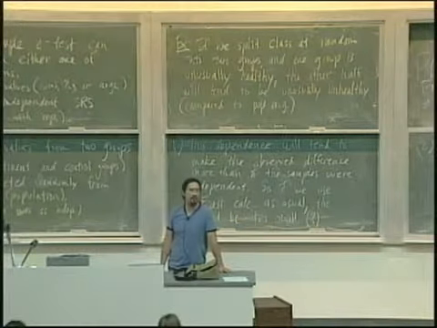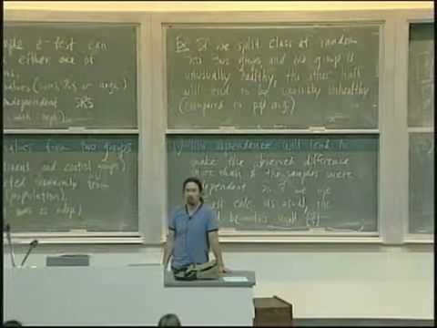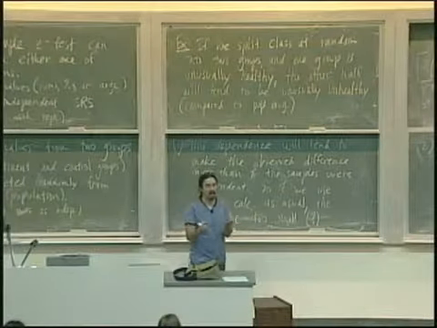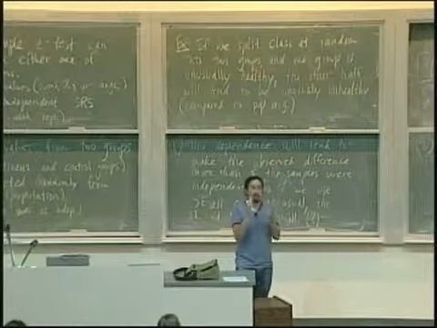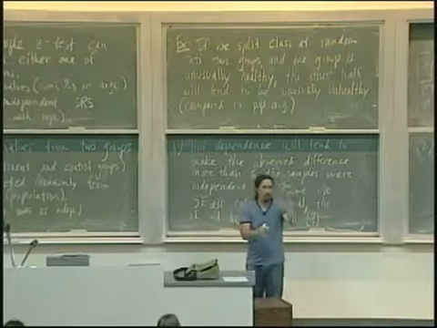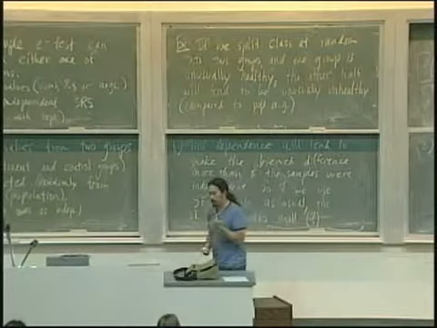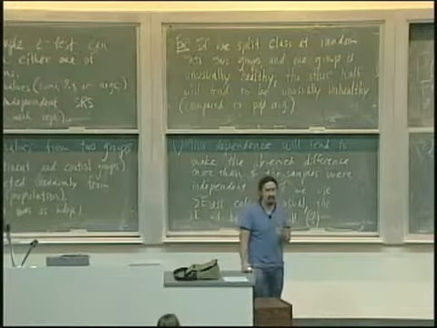So I take a random half of the class. Without replacement. If I take half the class, I'm implicitly not going to look at the same person twice. You're all different people. It's as though I picked you all one by one. So that's without replacement. And it's half the class.